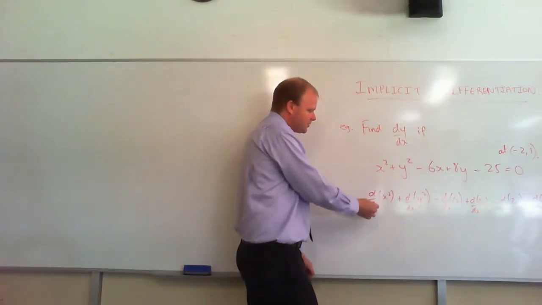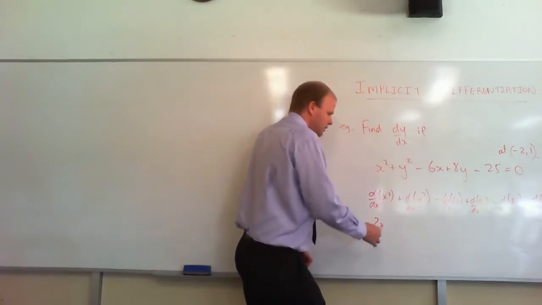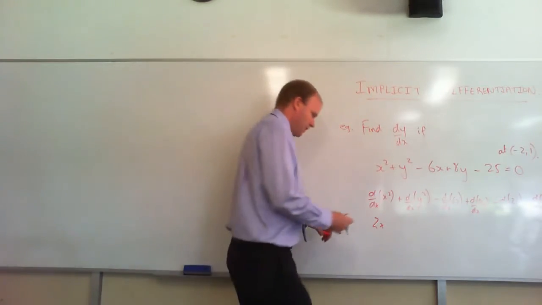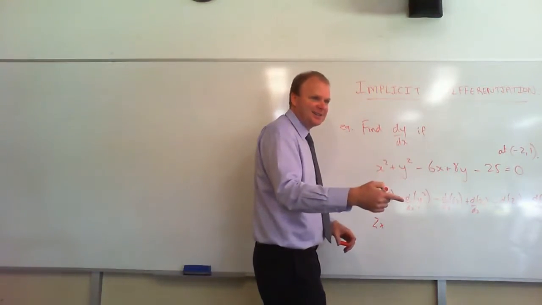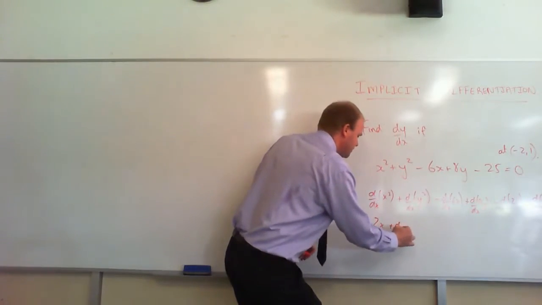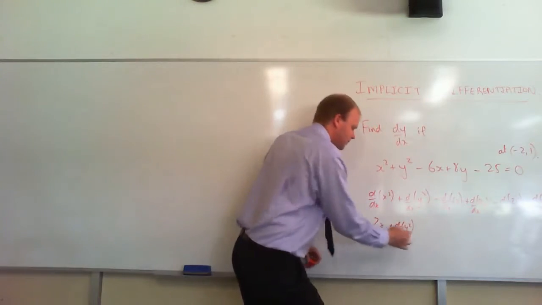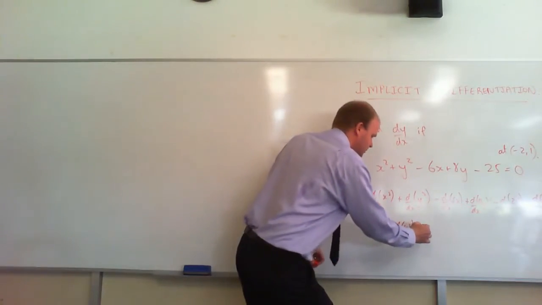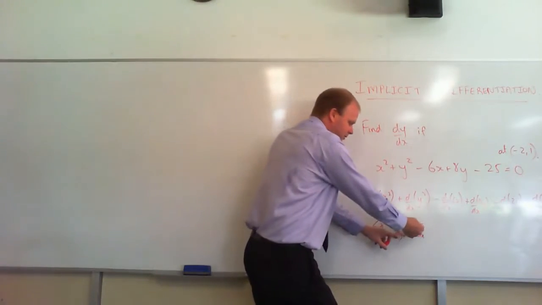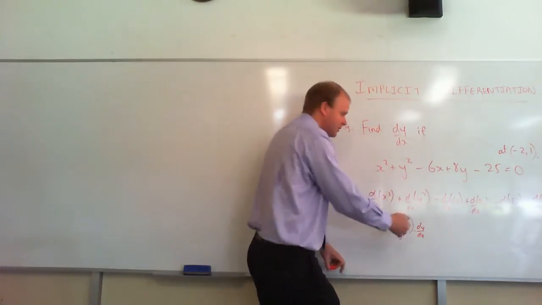The derivative of x squared with respect to x is 2x. The derivative of y squared with respect to x, 2y dy dx is what it's going to be. I'll put the working in here. It'll be the derivative with respect to y of y squared multiplied by dy dx. That's a little use of chain rule. The dy is basically cancelled and you're left with what we started with.